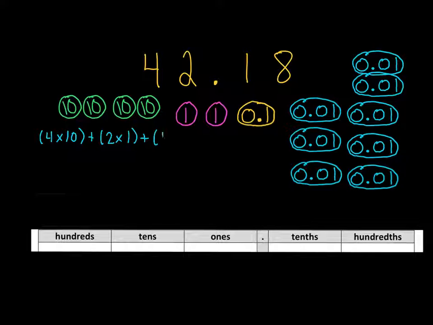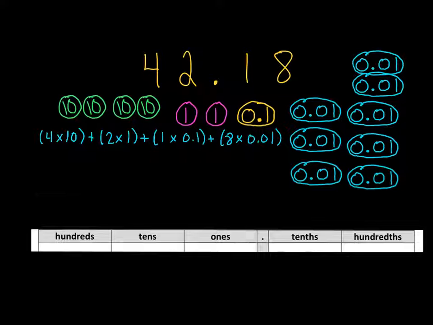Well, we just have 1 copy of a tenth, and then we have 8 copies of 100th. So that's how it would look as a decimal, in expanded form.